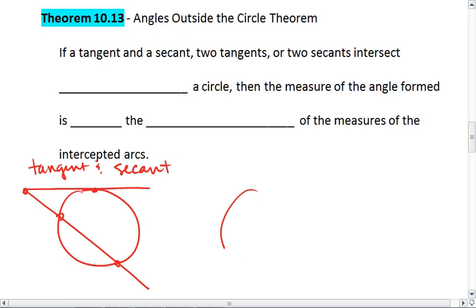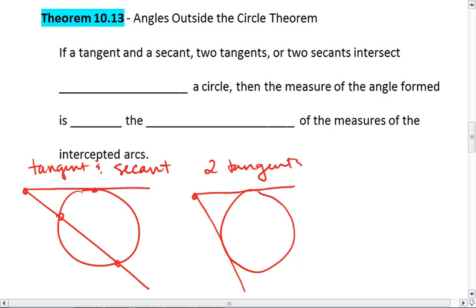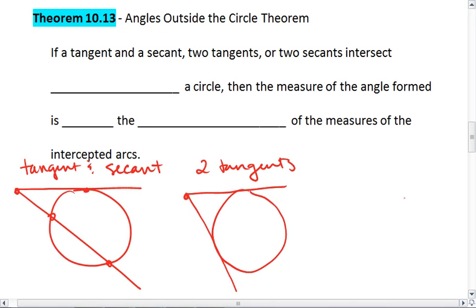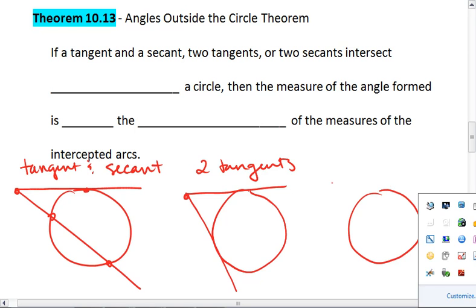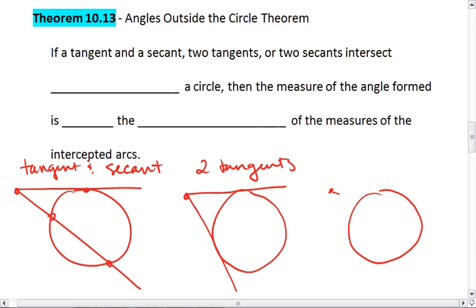It's also covering two tangents or two secants. The thing that is the same about all 3 of these situations, however, is that the vertex of our angle is outside the circle.